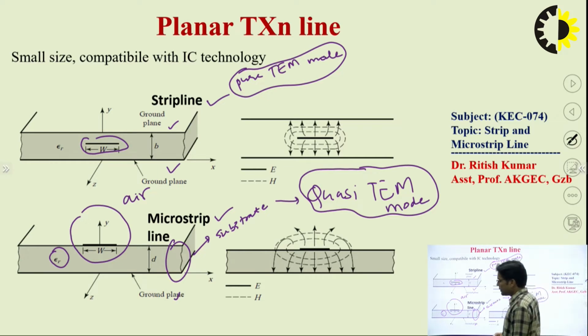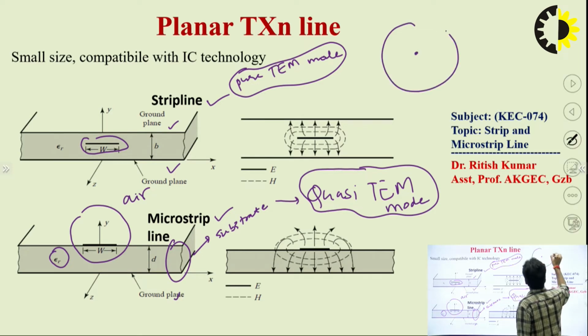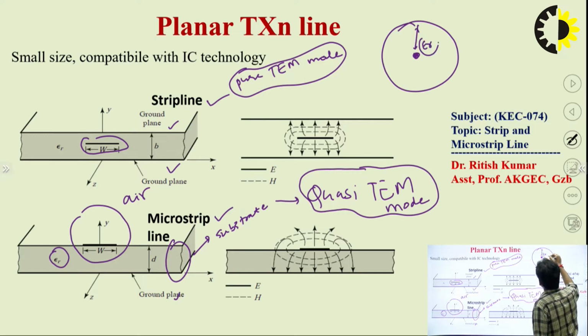Now, suppose this is a strip line, we can compare this strip line with the coaxial cable as well. Suppose this is a center conductor, this one is the outer conductor, and this is the center conductor, this one is the outer conductor, and here in between these two the media is dielectric media, that is called Teflon.